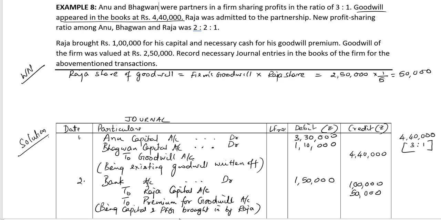Next, we need to distribute the premium for goodwill 50,000 among sacrificing partners in their sacrificing ratio. So let's find out the sacrificing ratio. For Anu, we'll do old share minus new share. 3/4 minus 2 divided by 5. Seven divided by 20, sacrificed by Anu.